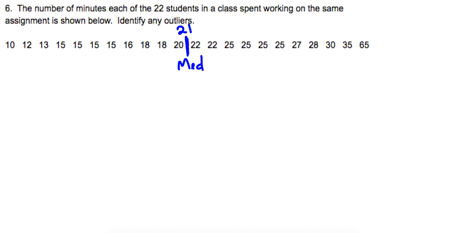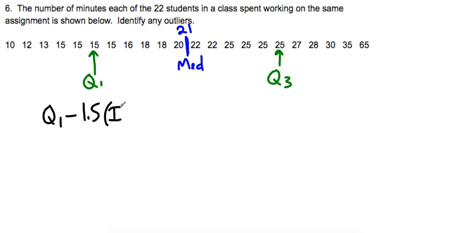Now we've got 11 numbers above it, so we're going to find our quartile 3. I just lost count. 1, 2, 3, 4. Right here. This is Q3. And we're going to look at the numbers below the median. There's 11 there, so it looks like right here is Q1. Now, those two formulas that I had you correct on the last one are Q1 minus 1.5 IQR and Q3 plus 1.5 IQR.